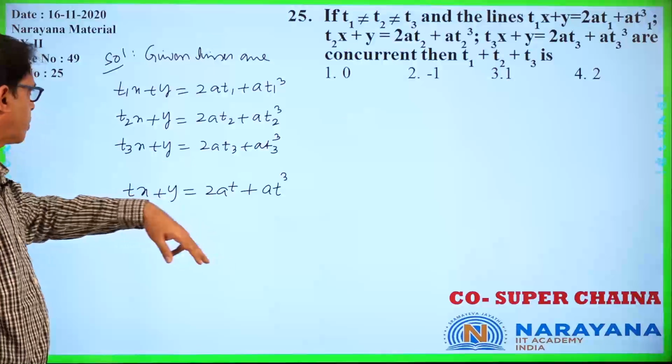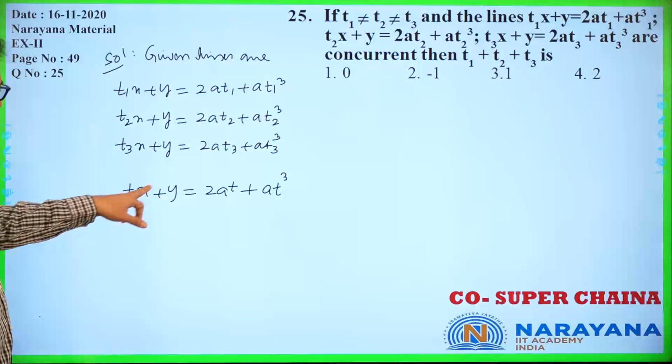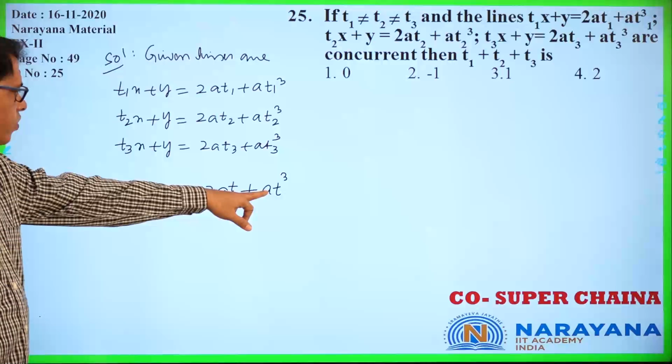If t2 is a root, then t2x plus y equals 2at2 plus at2 cube.